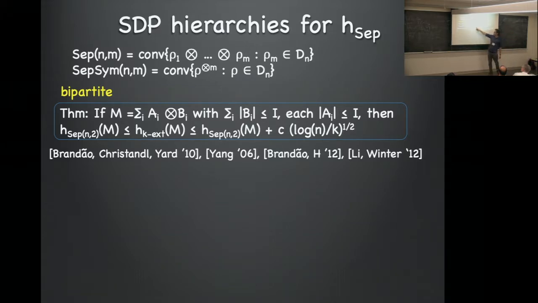And this is a special case of that. It's called a measurement you can implement with local operations and classical communication. So it's not the most general measurement you can do with a quantum system. It's one that can be done with Bob measuring his system and sending a classical message to Alice, and she measures her system. So a limited form of measurements.